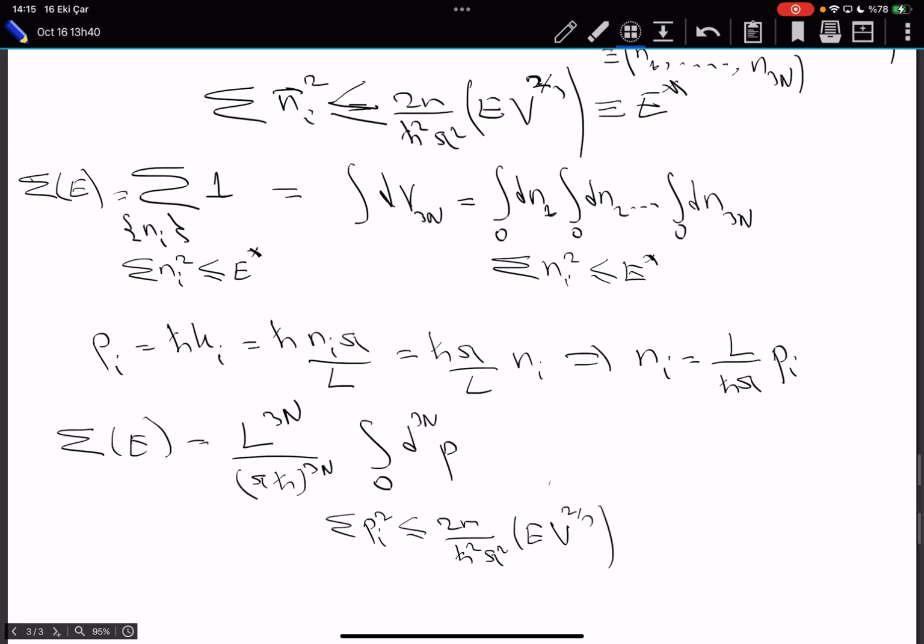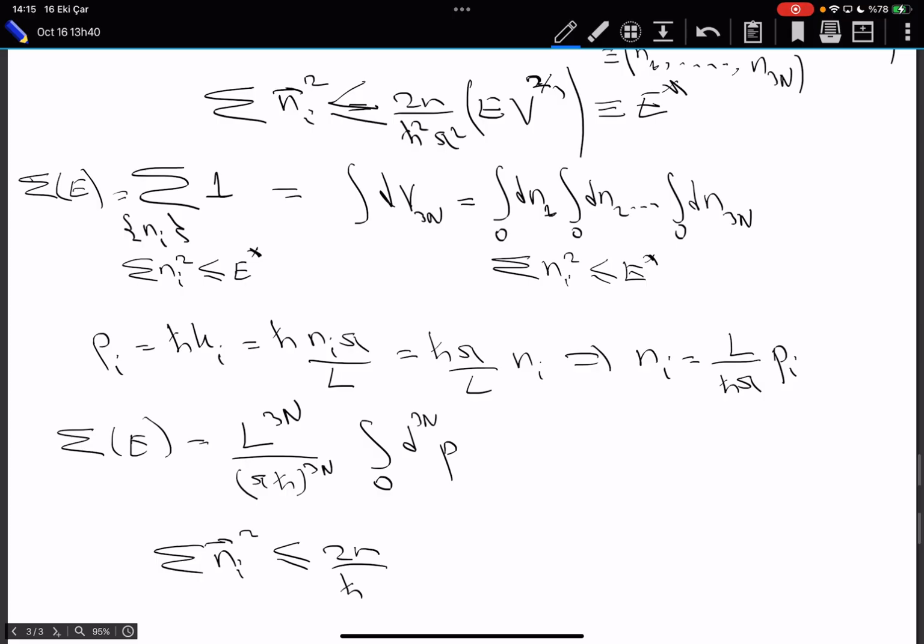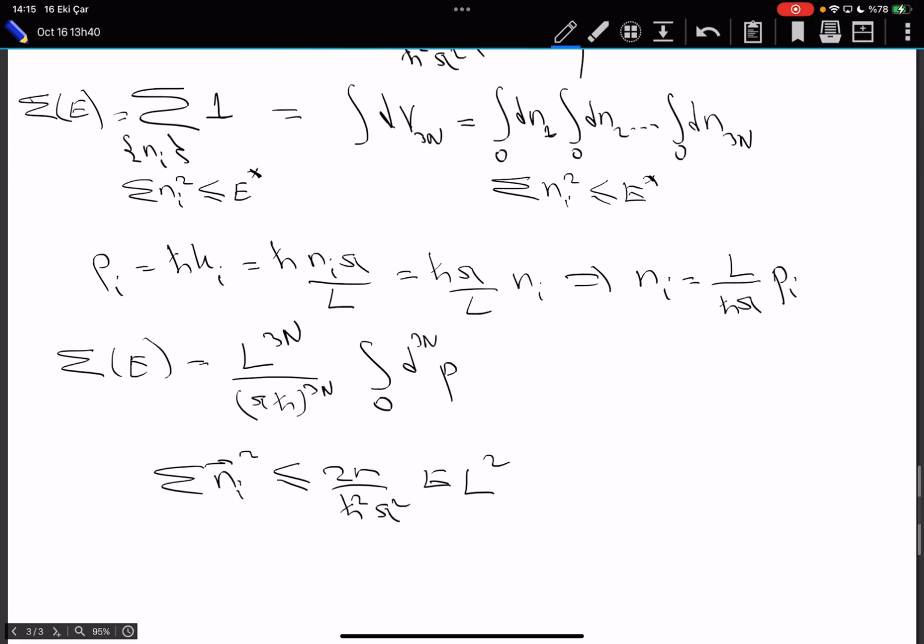Well, V is no longer over there. Remember, my constraint is for ni. I have ni squared should be less than or equal to 2m over h bar squared pi squared E times L squared, or pi squared should be less than or equal to 2mE in terms of pi.